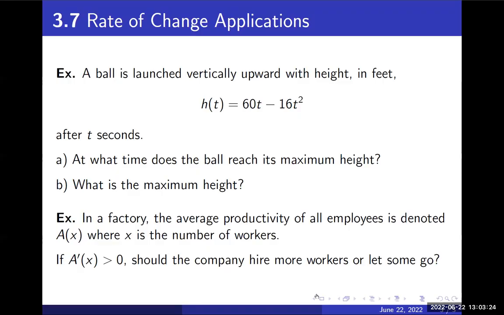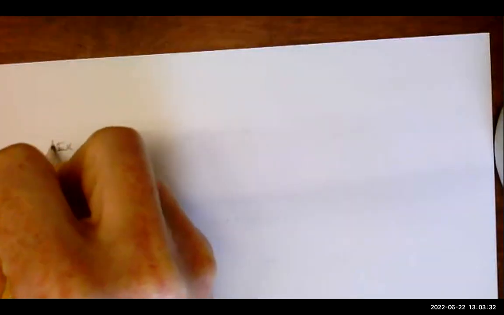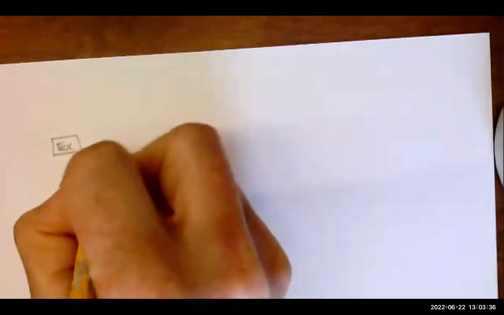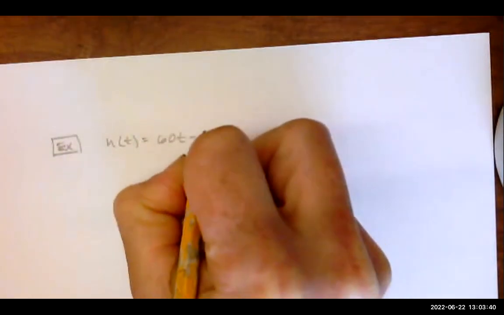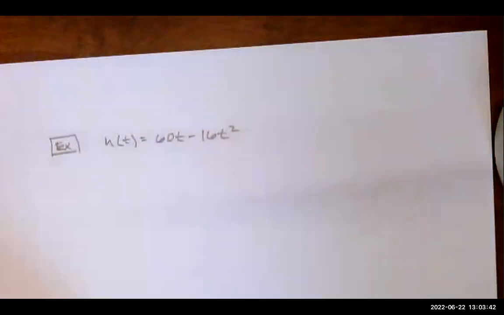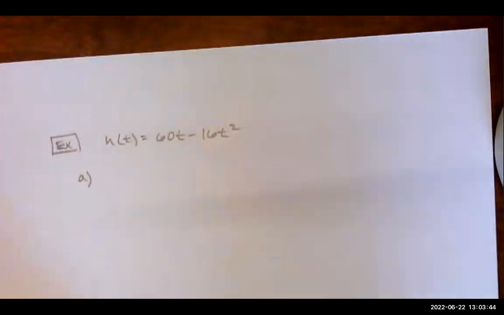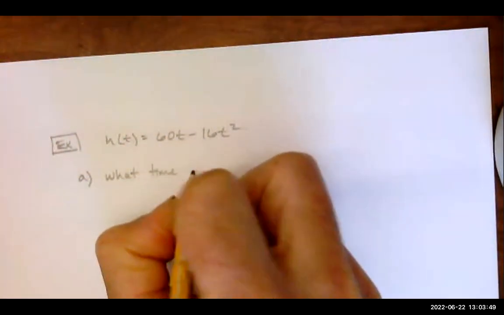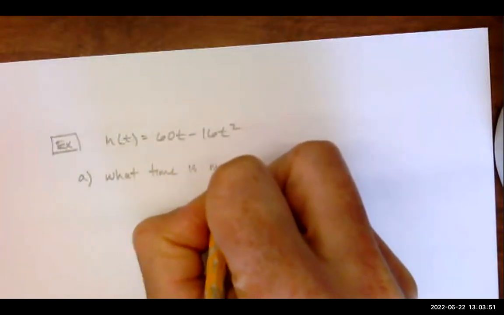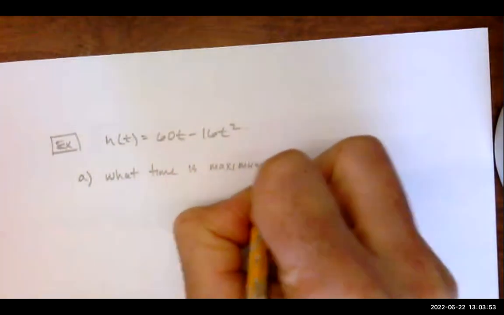Let me switch over. All right, we've got h(t) = 60t - 16t². What time is the maximum height?